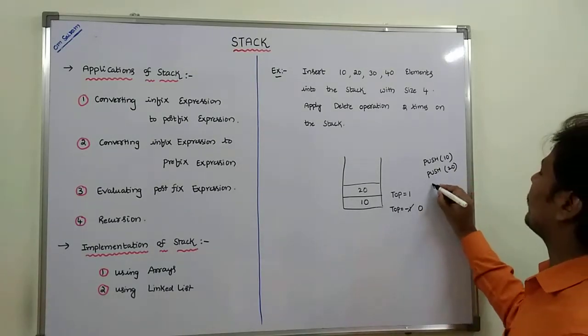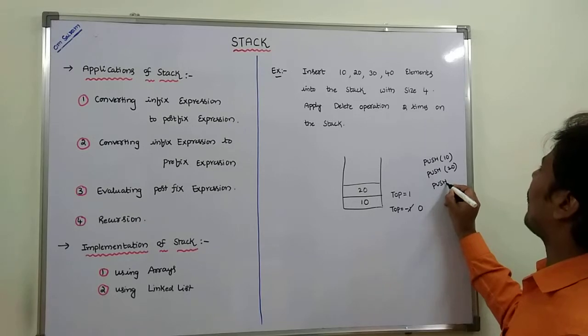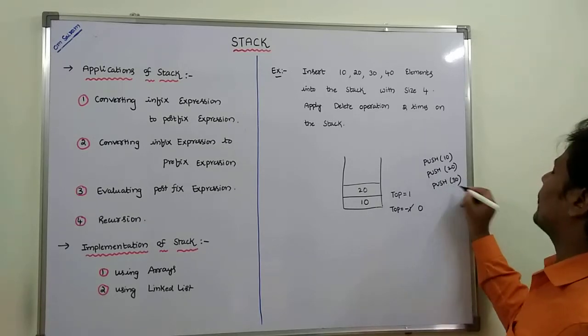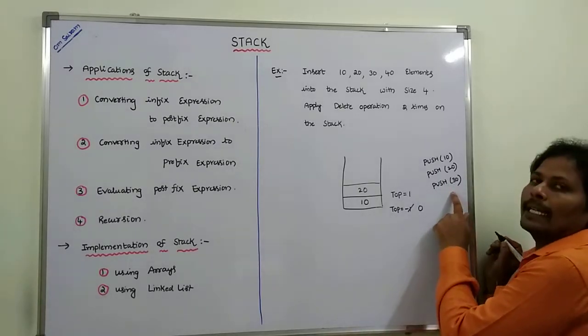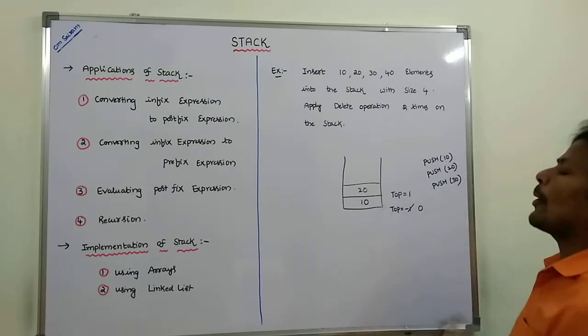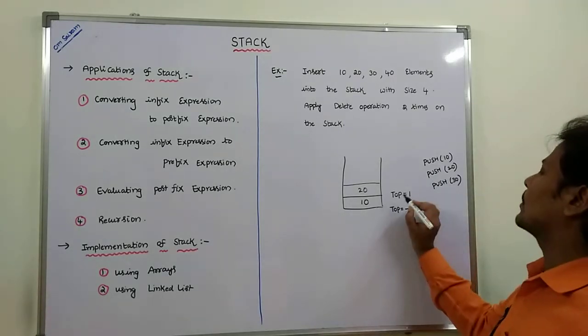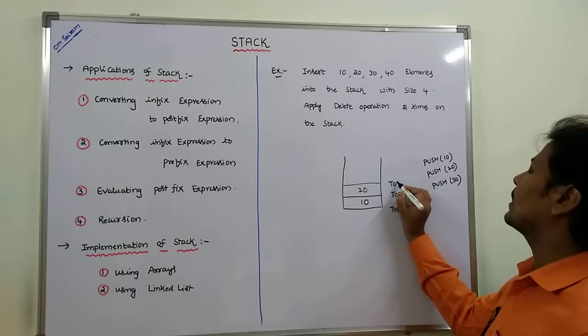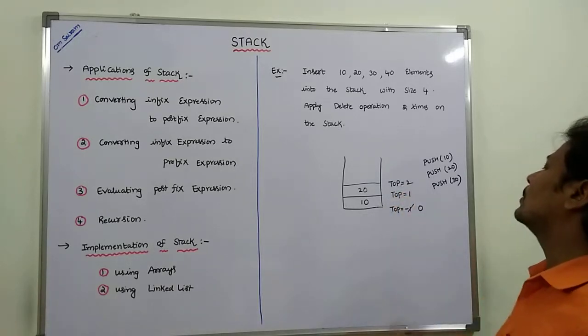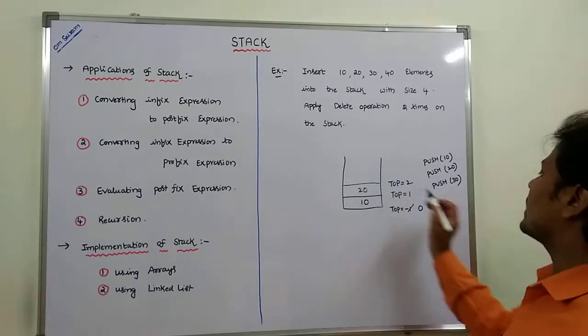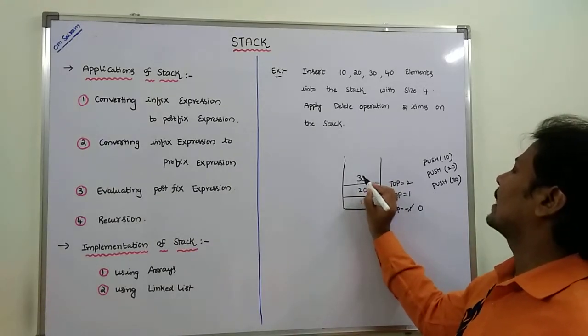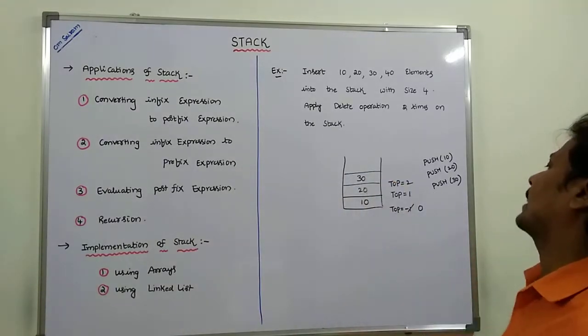Next, third insert operation, that is push of 30. Before inserting element 30, first top is incremented: top equal to top plus 1. Now top is equal to 2. Now inserting element 30 into the stack.